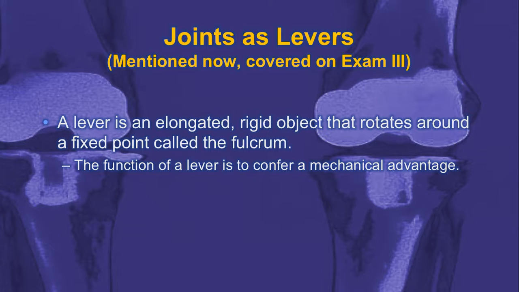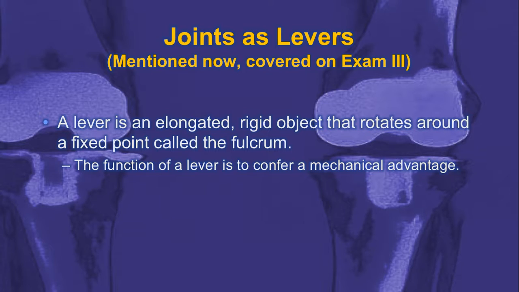The joint. So the fulcrum is the joint, the bone is the lever. And we are going to move it. Usually the load that we're moving, we're working against gravity. Or if it's your hands, the load is whatever you're trying to pick up and move. And the effort, what's going to give us the force to move the load? Muscle. See? It all comes together.